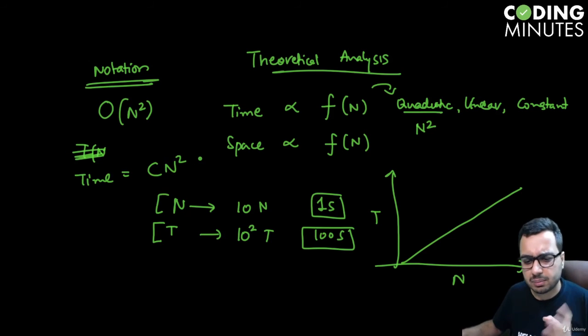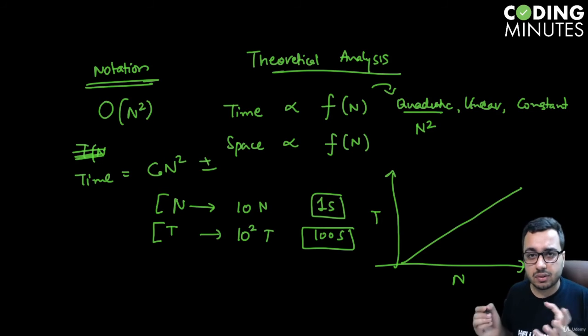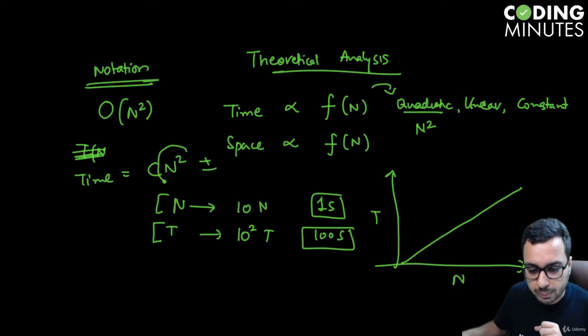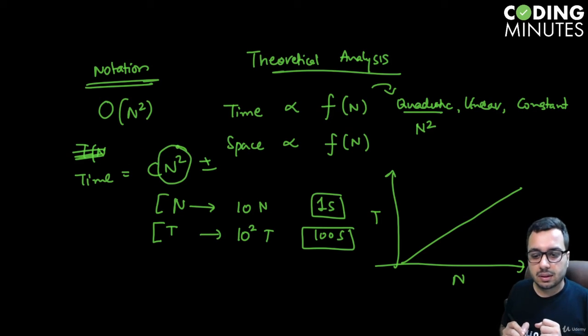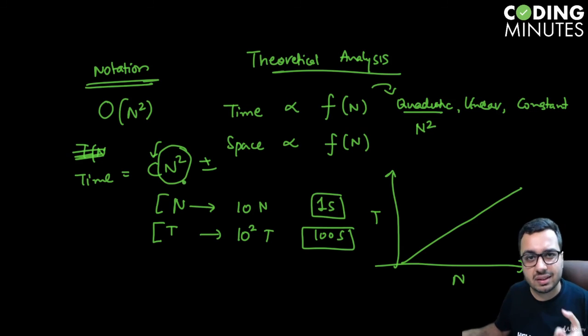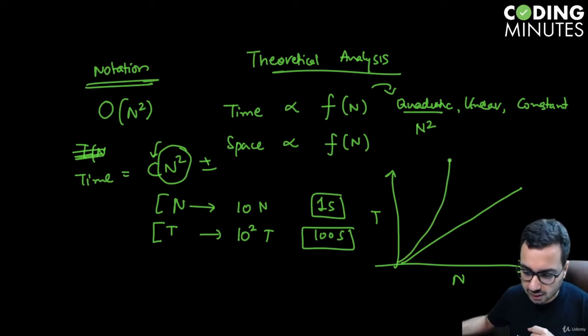We can have some constants plus minus, but we are not worried about that. We are worried about the biggest term, that is n square, in terms of n. So we generally ignore these constants. It could be 2n square, it could be 5n square, it could be 10n square. We are not worried about constants. We will write something like this, that your time follows a quadratic complexity.